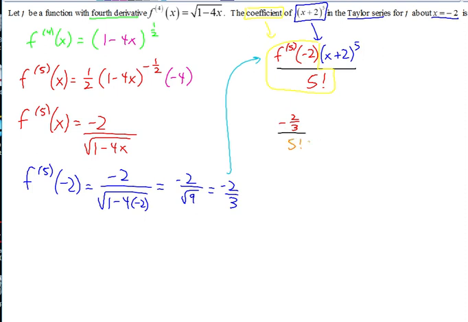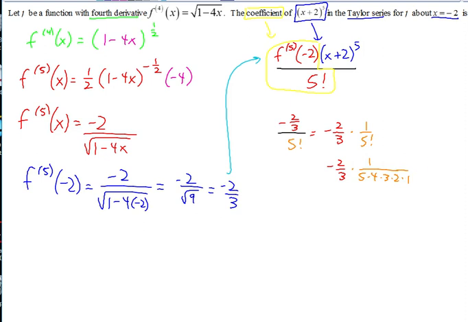Well, negative 2/3 divided by 5 factorial is the same as multiplying by the reciprocal, 1 over 5 factorial. Sometimes you might see it left like this, but oftentimes, especially when things reduce, you'll see it worked out. So let's go ahead and work this out and see what reduces. 5 factorial is 5 times 4 times 3 times 2 times 1.